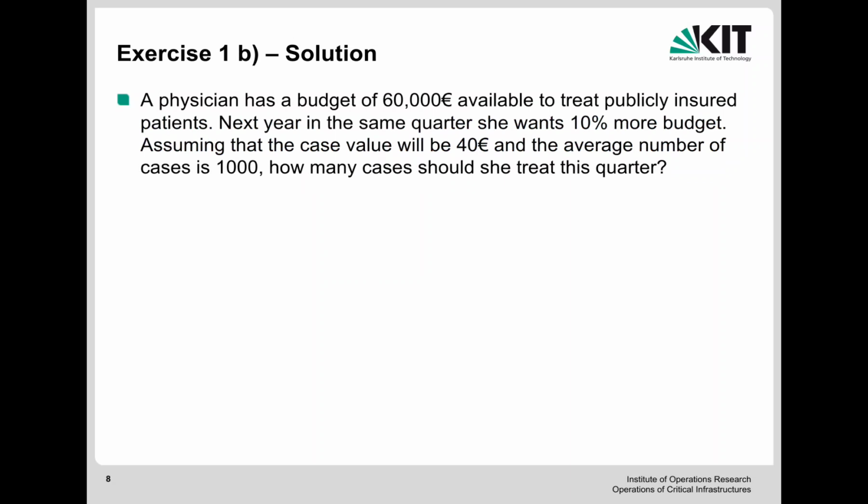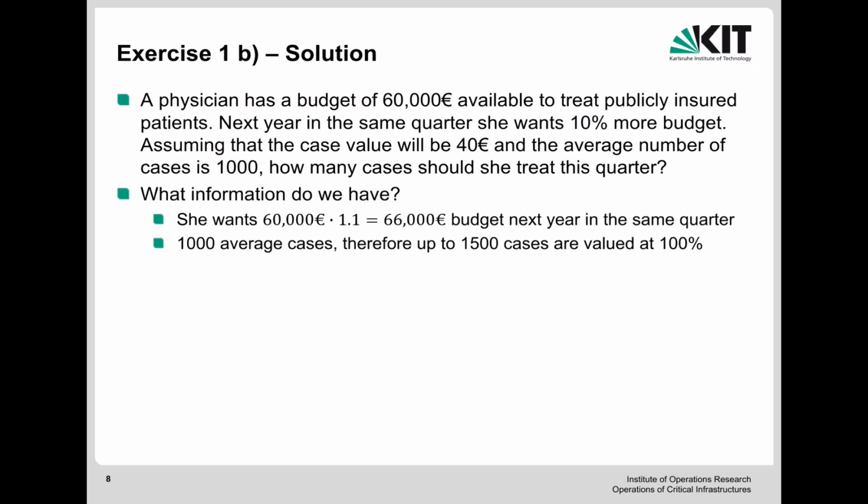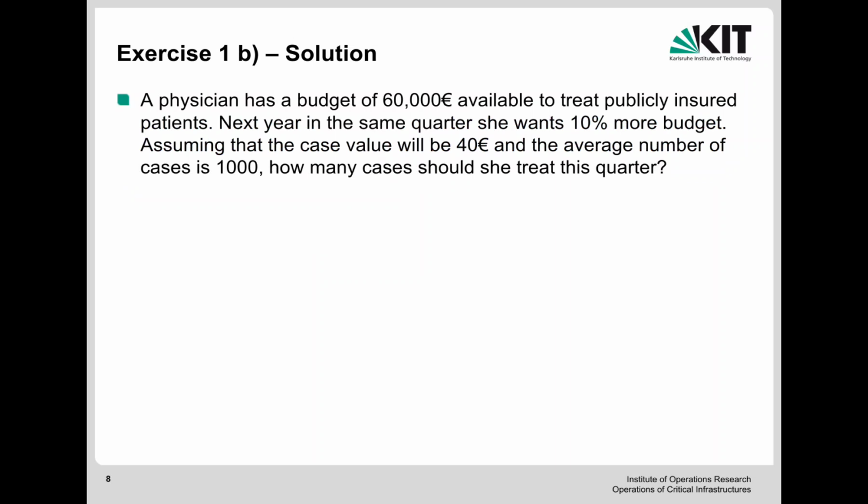Okay, then let's go to exercise 1B. And again, she has a budget, but this time of 60,000 to treat publicly insured patients. But next year, or next quarter in the same year, she would like to have a 10% more budget. Okay, we have a case value that is 40 euros and the average number is 1,000.